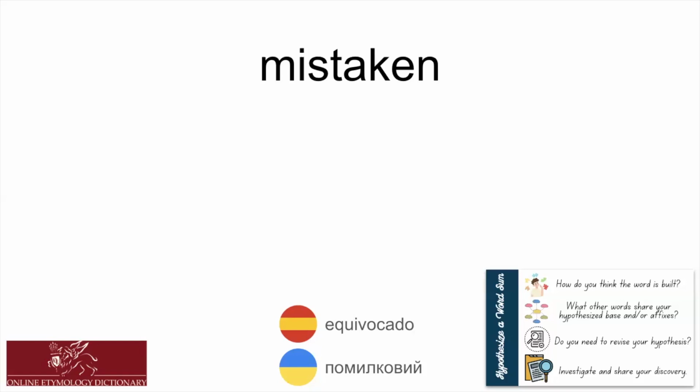So the first thing I recognize with this word is MIS as a prefix. So I'm going to circle that as a possibility in this word as a prefix. And I have to ask myself at that point, are there other words that use MIS as a prefix? Other words that might be using MIS as a prefix include misuse, misstep, and mischief.